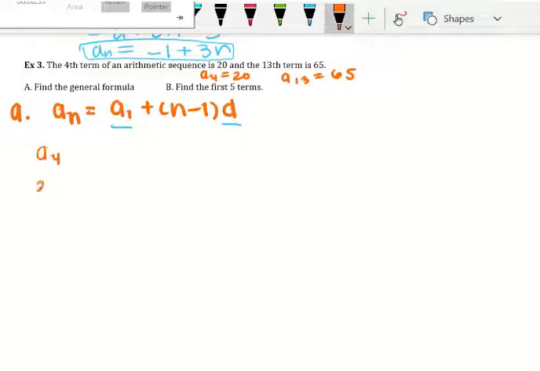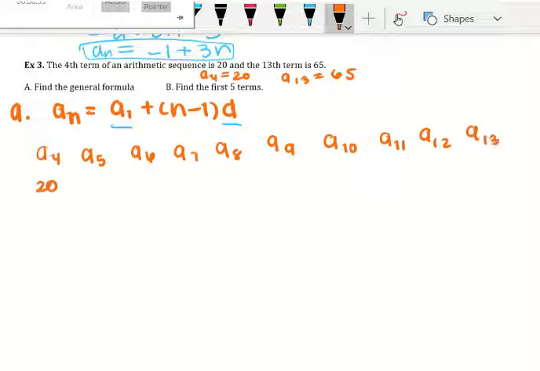a4, I know that's 20. Then I have a5, a6, a7, a8, 9, 10, 11, 12, and then 13, which is 65. So in order to get the next term, you have to add the common difference.